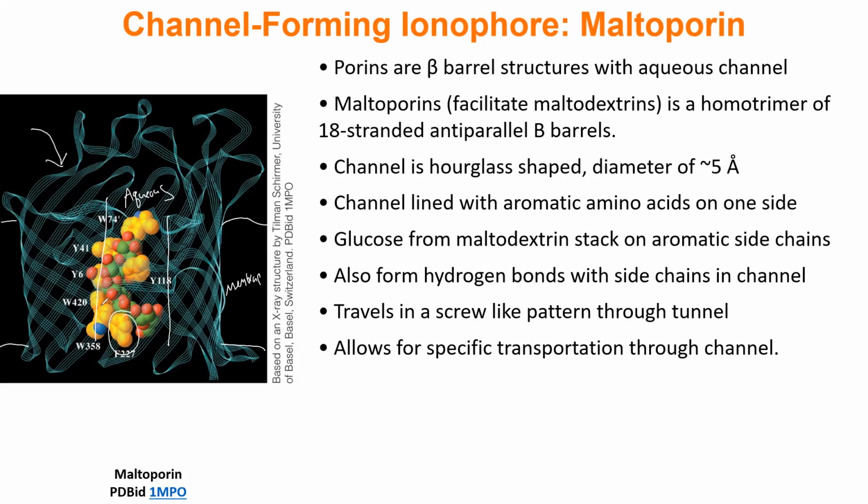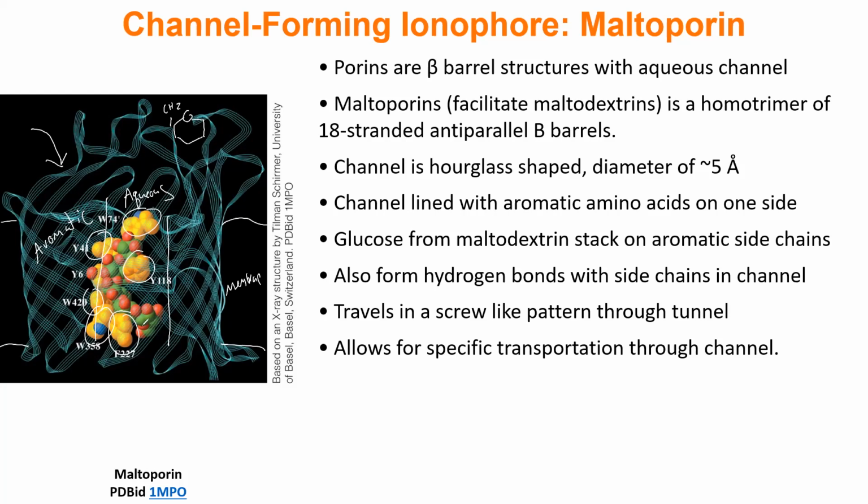Our maltoporin has all of these yellow residues. And these yellow residues are aromatic residues, right? These are our big rings, our tyrosines and our tryptophans and our phenylalanines. These rings interact with the ring structures of our sugar, because remember, our sugars that we talked about in the sugar chapter are also made out of rings.